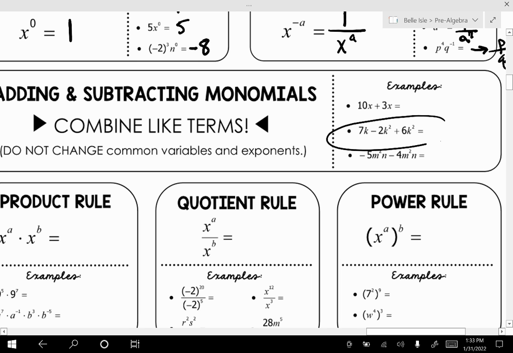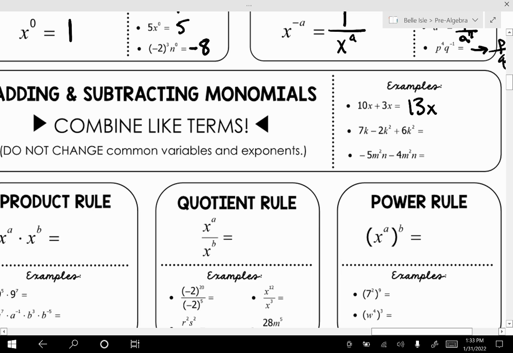This one right here, is that what you're talking about? Yes, it is. Okay, 10x plus 3x. In that middle section would be what? 10x plus 3x is 13x. Okay, we can combine them because they are like terms.